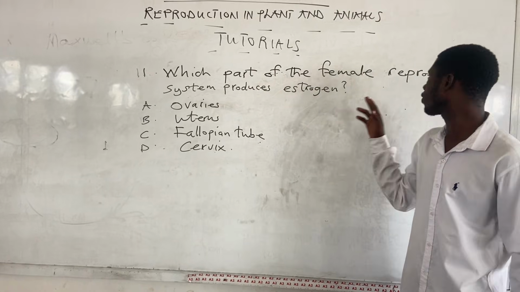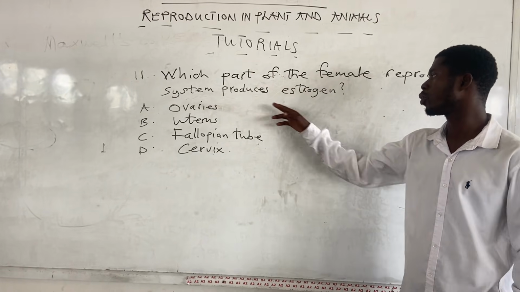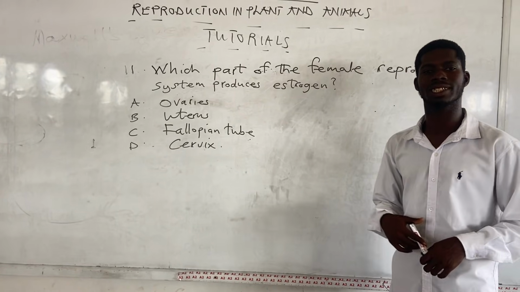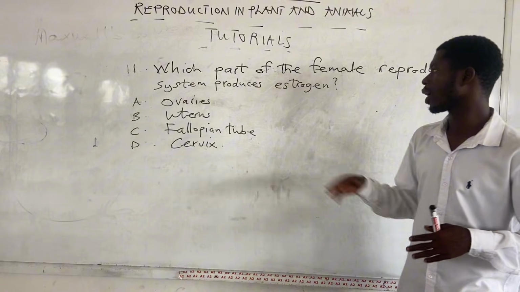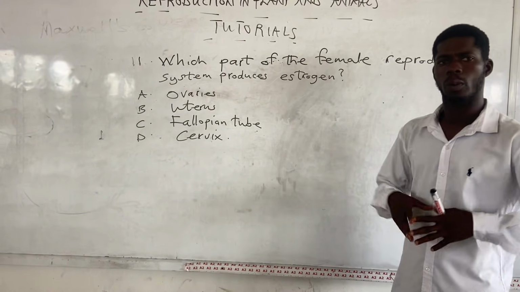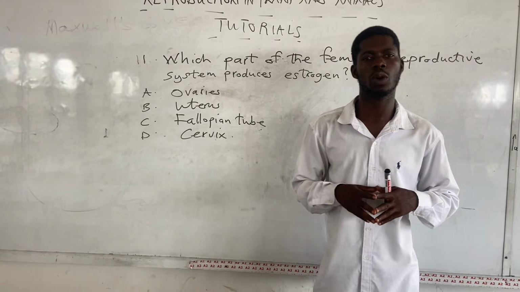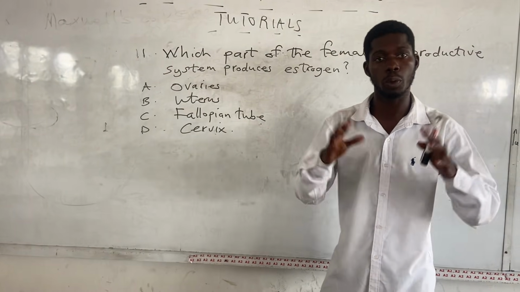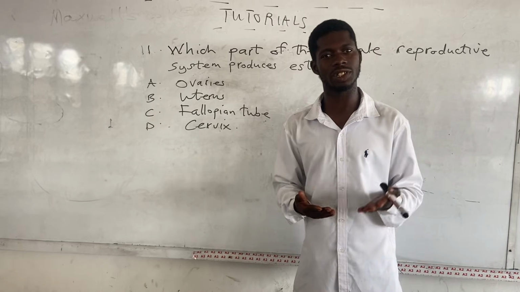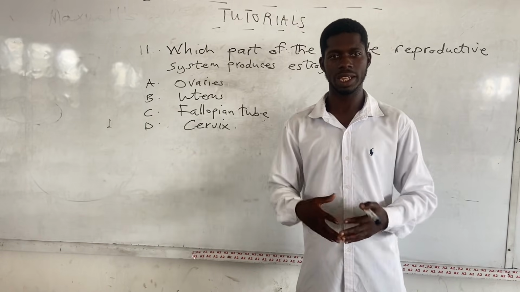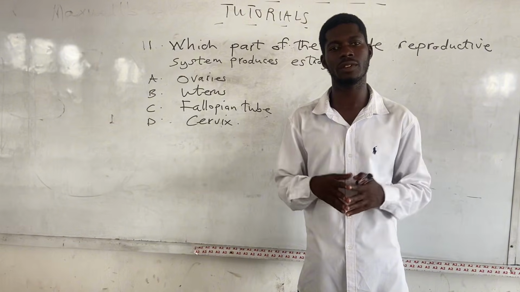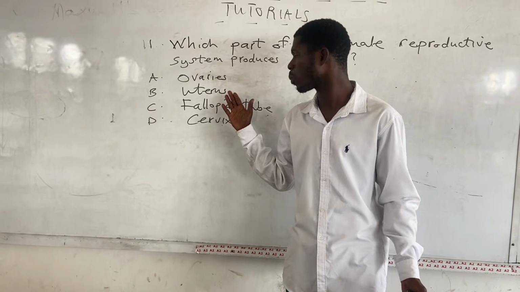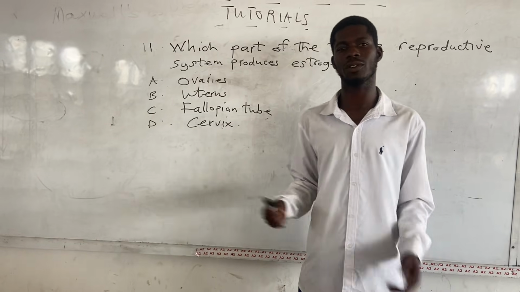Question number 11 says, which part of the female reproductive system produces estrogen? When we talk about the functions of the female reproductive system, we say that the ovaries produce hormones, and the hormones the ovaries produce for the female are known as estrogen. So we're not supposed to waste much time on this question.